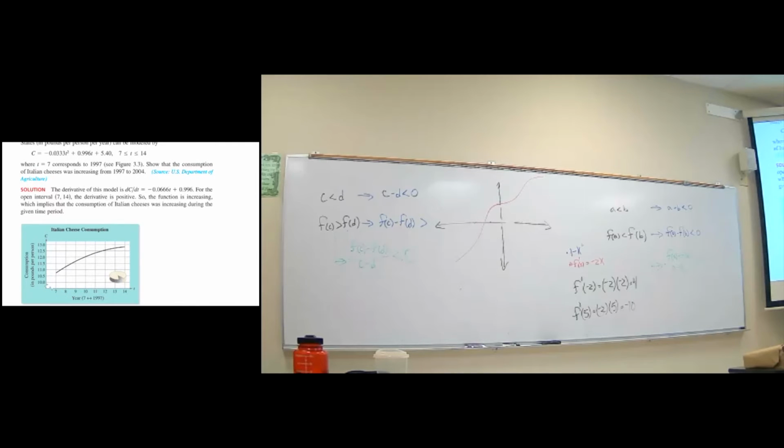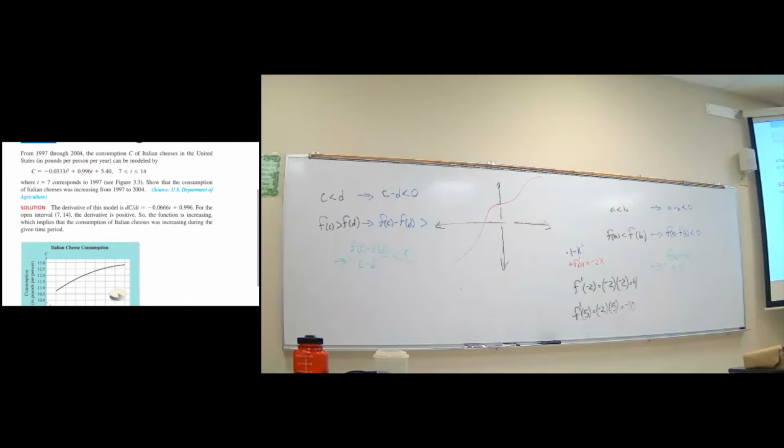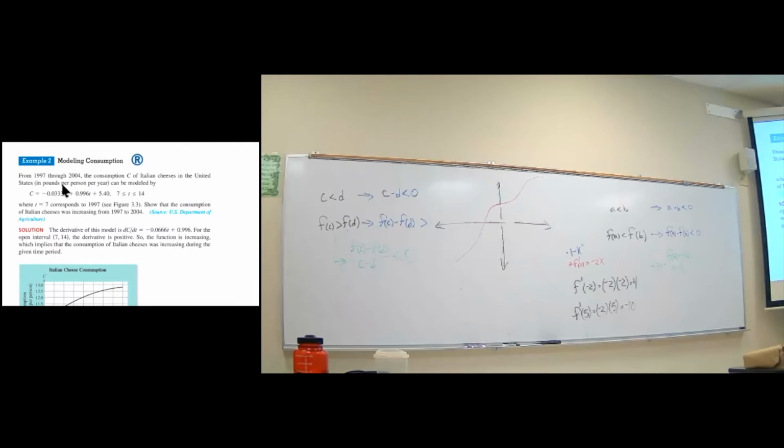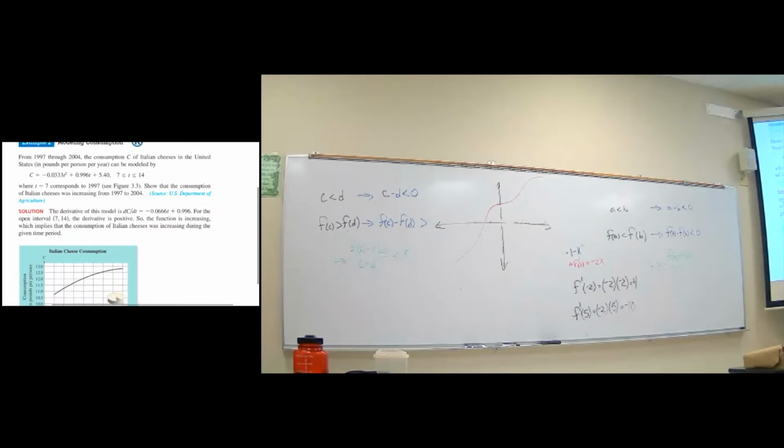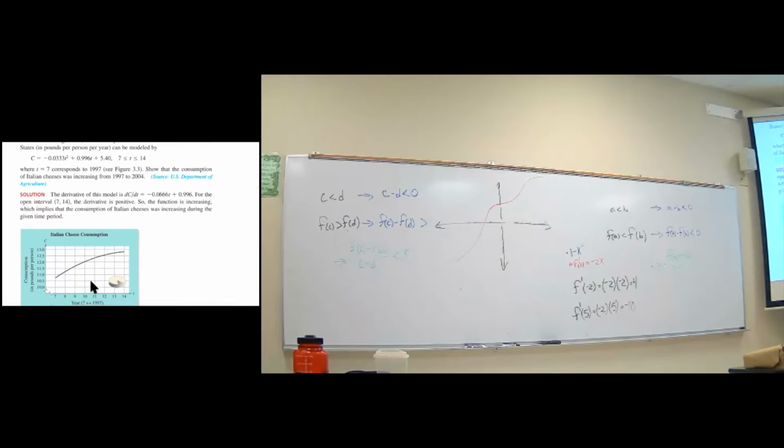We don't necessarily have to look at this graph to know that our function is increasing. All we need to do is take the derivative and check that the derivative is positive, right? If the derivative is positive, then we know it's increasing. So this is a shortcut to having to actually plot it out and graph it.